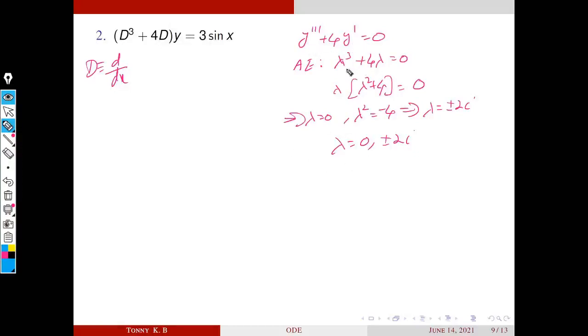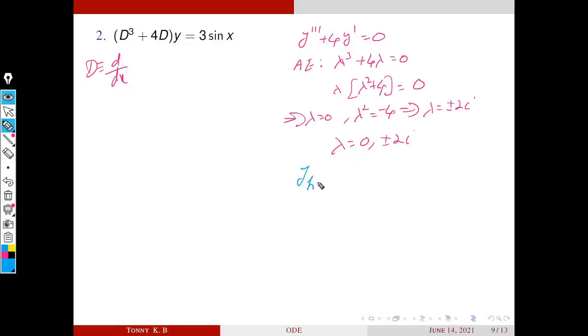So the corresponding auxiliary equation is lambda cube plus 4 lambda equal to 0. You can take lambda outside. This becomes lambda equal to 0 or lambda square plus 4 equal to 0. That means lambda square equals minus 4. This implies lambda equals plus or minus 2i. So the roots are lambda equal to 0 and plus or minus 2i. So what is the solution?